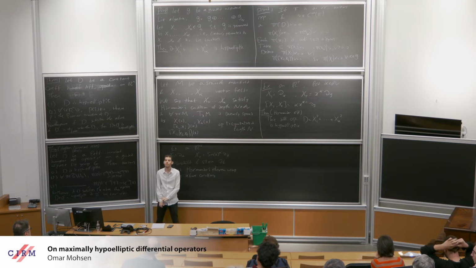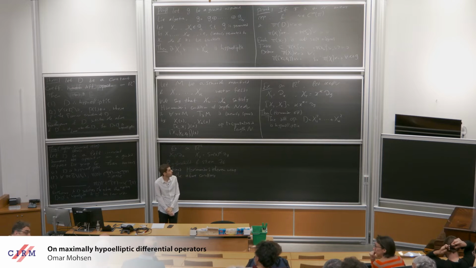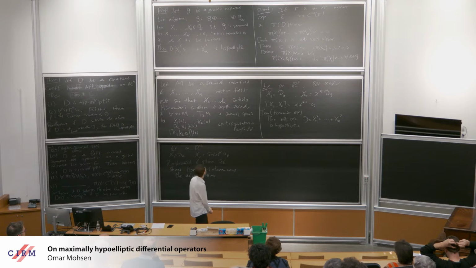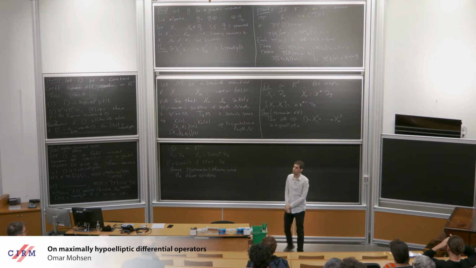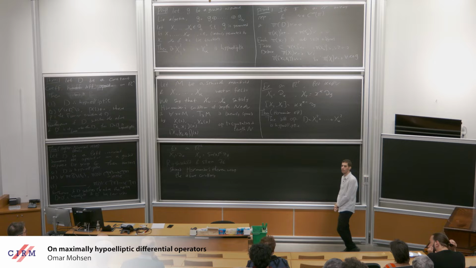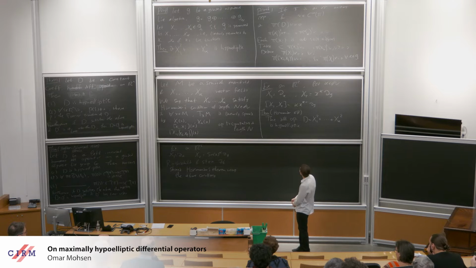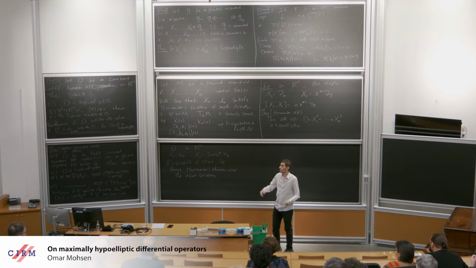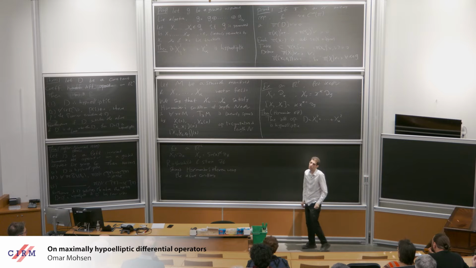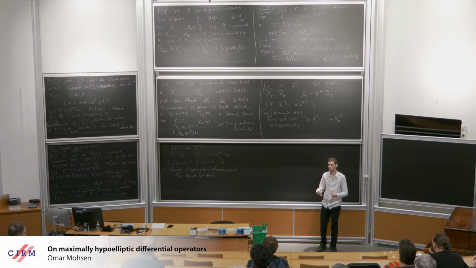Questions? Yes? No, it can be anything. Actually, Hormander's theorem is a tiny bit more general. Here I suppose that it is bounded. He doesn't suppose that it's bounded, but it doesn't really matter because hypoellipticity is a local condition, and so you might as well suppose that it's bounded.